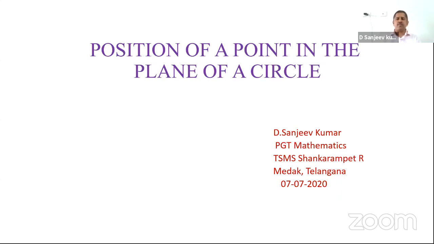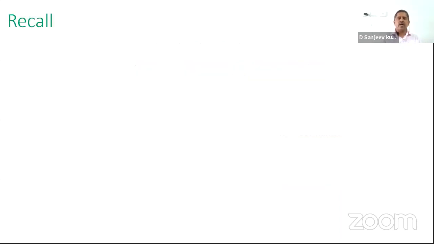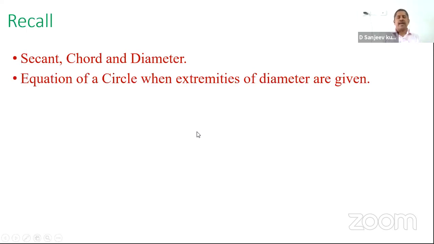Before discussing today's topic, we'll go through what we discussed in the previous class. We discussed what a secant, a chord, and the diameter of a circle are. Then the equation of a circle when the extreme points of the diameter are known: (x minus x1)(x minus x2) plus (y minus y1)(y minus y2) equals 0.